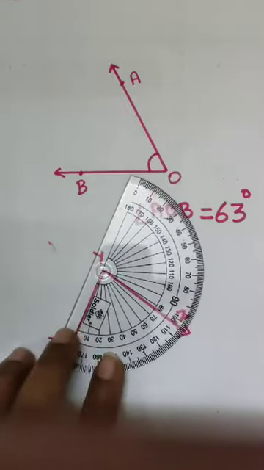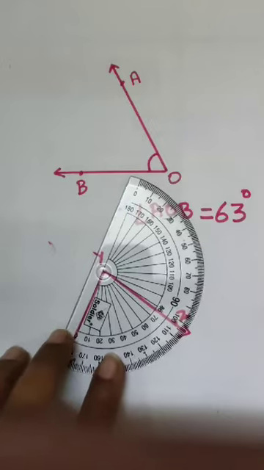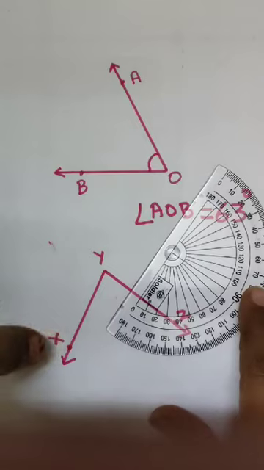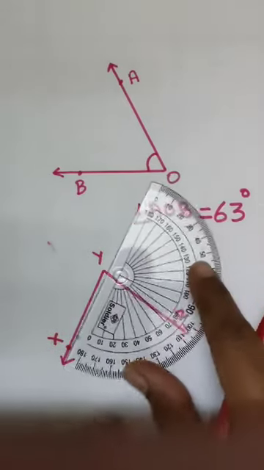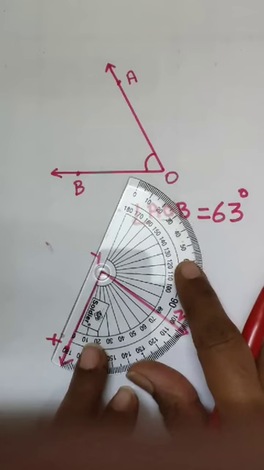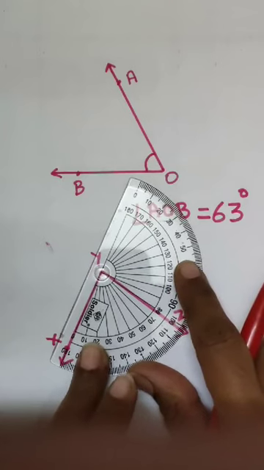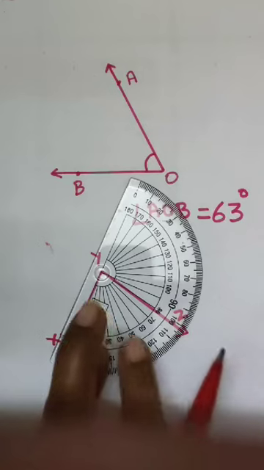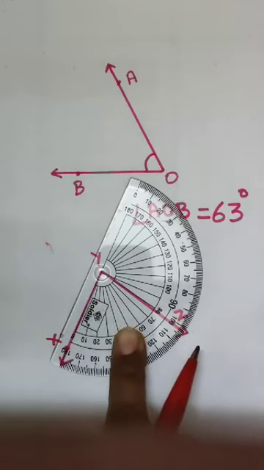You can take any ray as a baseline. See, I am taking XY as a baseline. Place the center point of the protractor on the vertex of your baseline XY, like this.